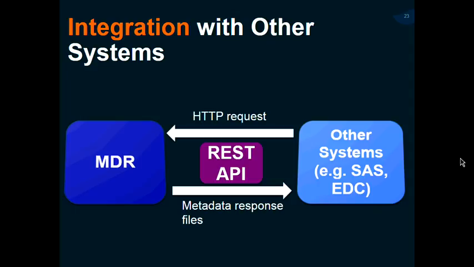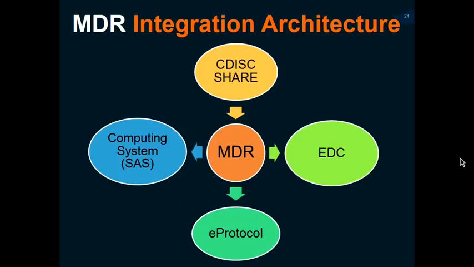We also believe that the potential of MDR comes from its integration with other systems. MDR could import and feed study-level metadata to other systems such as EDC, SAS, eProtocol, and master data management systems. So MDR could get the global metadata from CDShare.